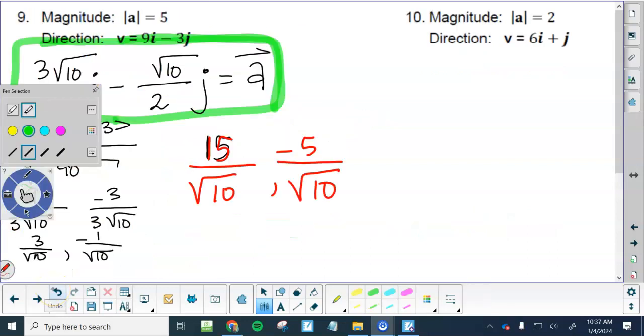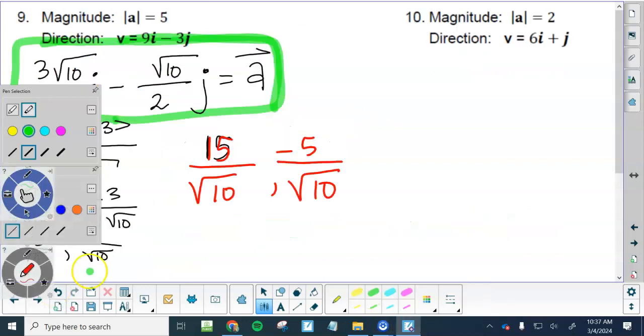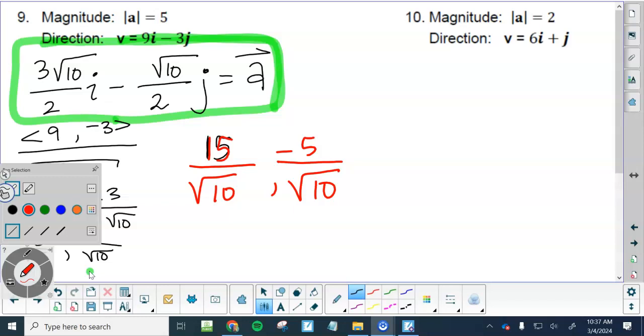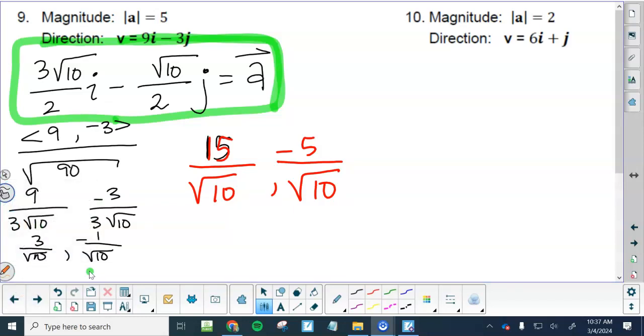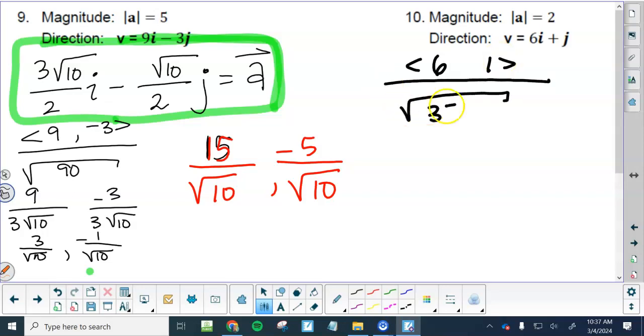Please. So for problem 10, pointing form divided by the magnitude, 36 plus 1.